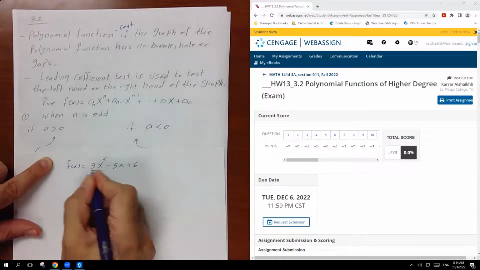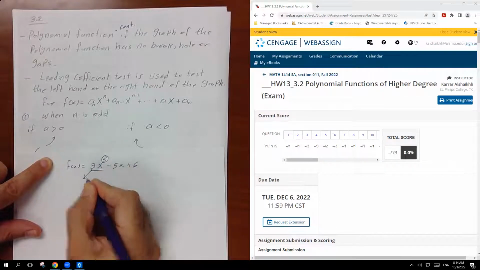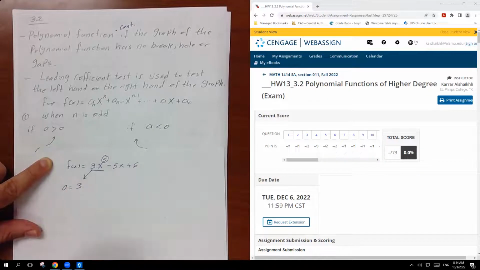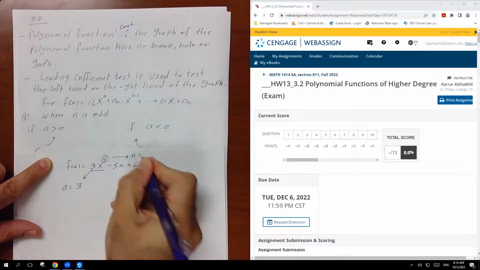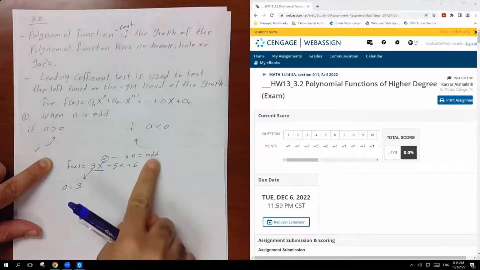The highest exponent is x to the power 5, so n is odd.